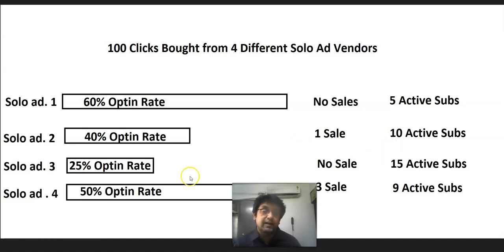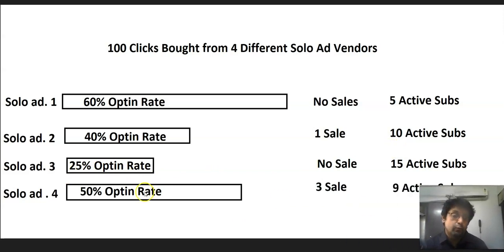In this case, I would say solo ad number 3, who is giving you a 25% opt-in rate. You've got 25 leads on your squeeze page and no sales, but at the end of the day, out of 25, 15 people are opening your emails and clicking on the link.